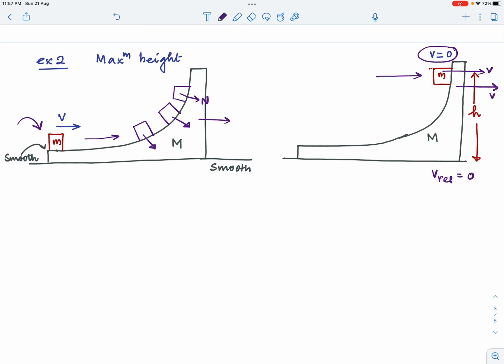Once we understand this, we can now use the reduced mass concept to get the value for h very easily by once again using the conservation of energy, writing the initial kinetic plus potential energy, which in this case will be half mu.